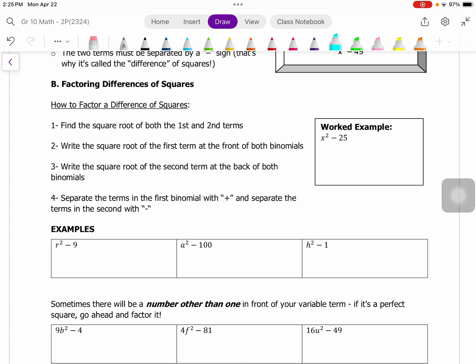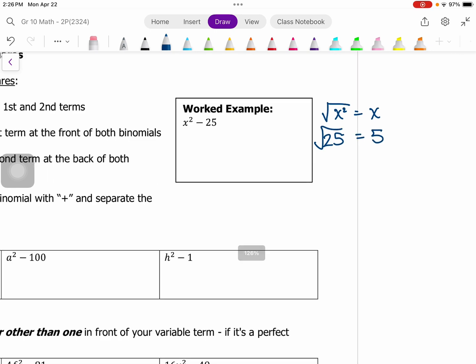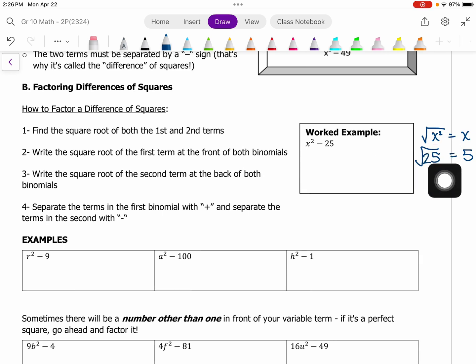So all we're going to do is find the square root of both the first and the second terms. In our example here, x squared minus 25, the square root of x squared is equal to x, and the square root of 25 is equal to 5. So that's the first step, find the square root of each of the terms.